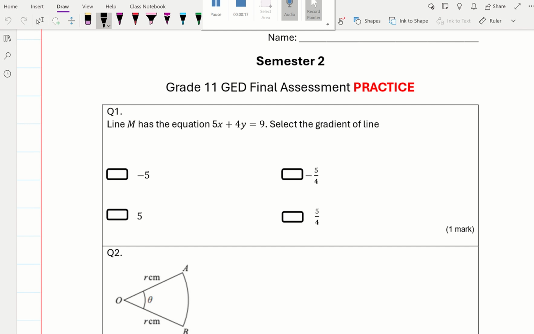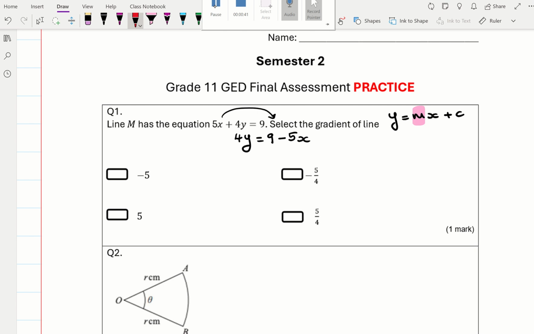You can only find the gradient when the equation is in the form y equals mx plus c, and the gradient is m. So we need to rearrange that to make y the subject. So 4y equals 9 minus 5x.